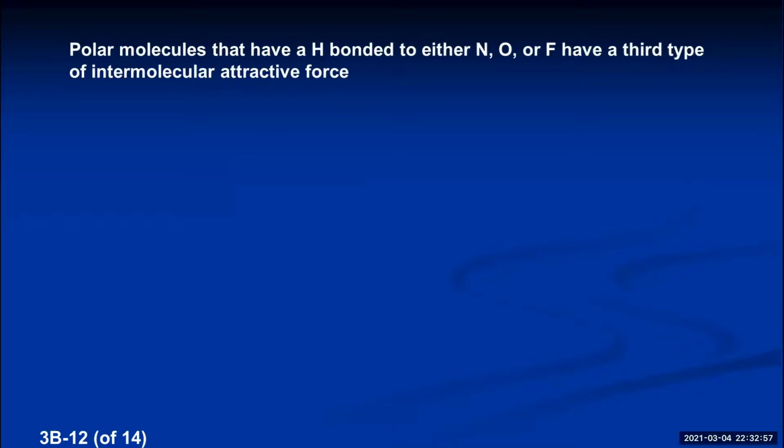Now, what's significant about N, O, or F? N, O, or F are the 3 nonmetals in the upper right-hand corner of the periodic table, and they have the highest electronegativity of all elements. If they bond to a hydrogen, they pull the electrons away from the hydrogen so much that the hydrogen becomes really, really positive.